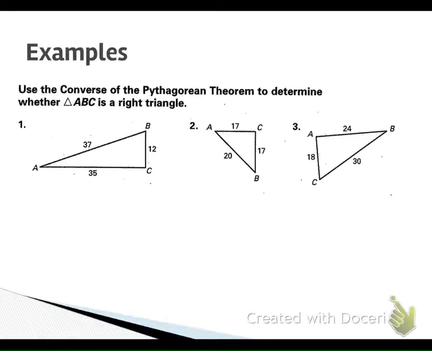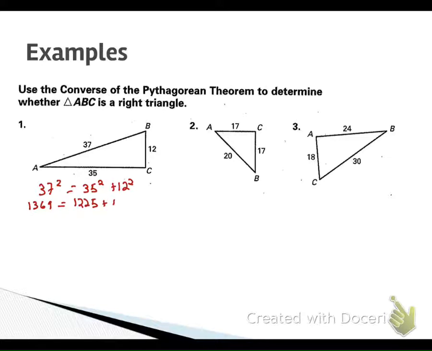So we're applying the exact same thing. So we see that our longest side is going to be c. So that's going to be 37 squared equals our 2 legs, which is 35 squared plus 12 squared. Somebody who has a calculator, can you tell me what 37 squared is? 1,369. Equals, what is 35 squared? 1,225.